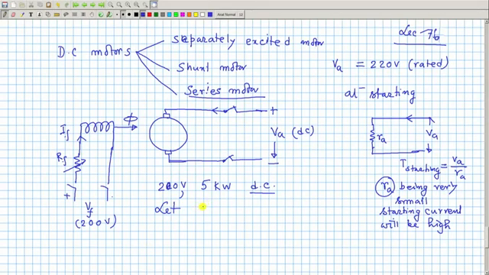Suppose the efficiency of the machine is 80%. And this is the output power, whatever is written on the motor. In the case of an induction motor also we have seen, this is the net mechanical power output.